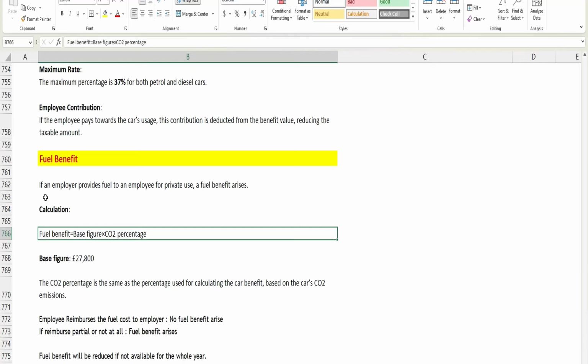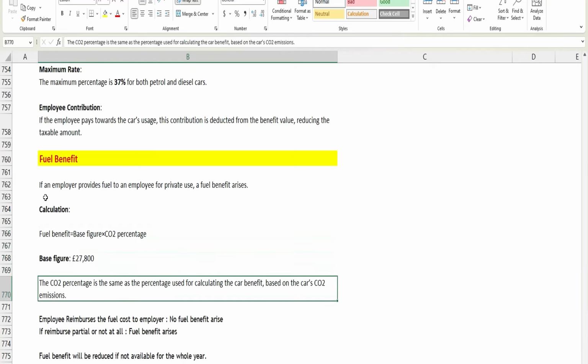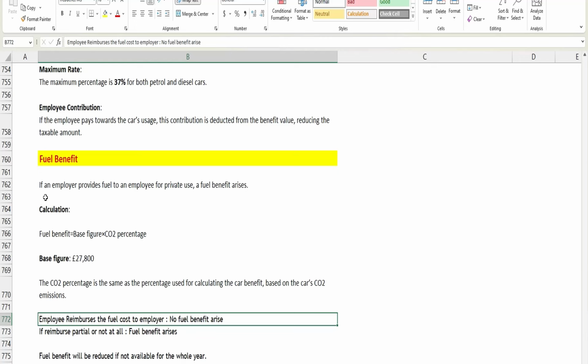But one thing that you need to remember, and it's a tricky one where mistakes are made in the exam. If the employee is paying back to the employer whatever fuel cost was provided by the employer, meaning reimbursing the fuel cost to the employer in full, then no fuel benefit will arise.